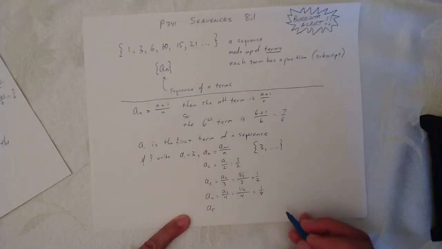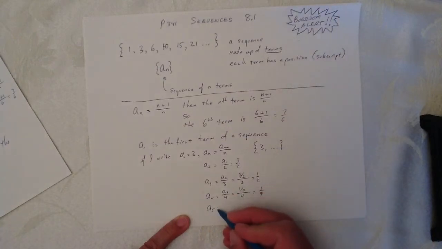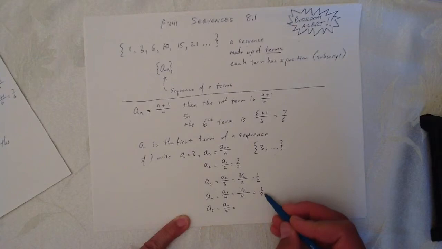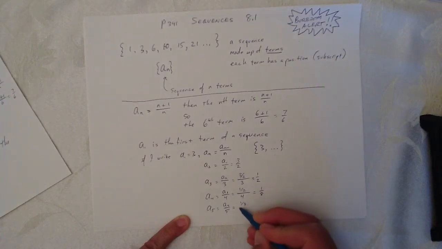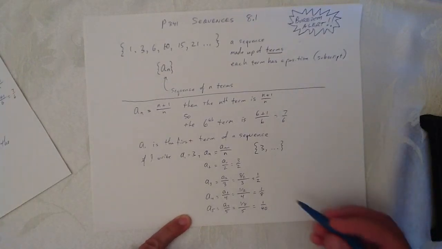A_5, this is the last one we're going to do, promise, equals A_4 over 5, which equals (1 over 8) over 5, which equals 1 over 40, and on it goes.